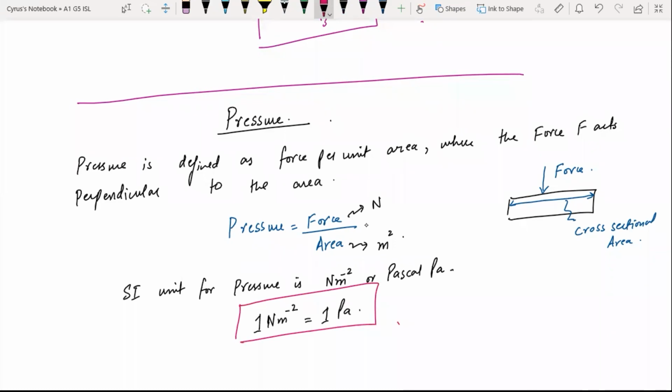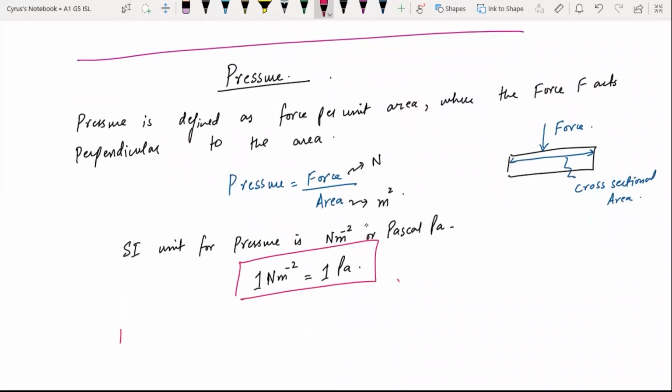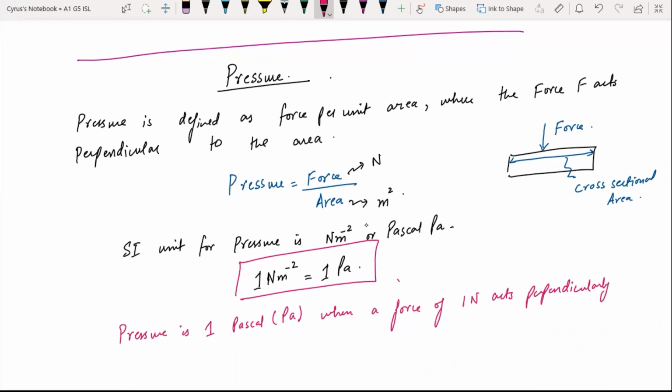They can also ask you to define Pascal, and you write here that pressure is 1 Pascal when a force of 1 Newton acts perpendicularly to an area of 1 meter square.